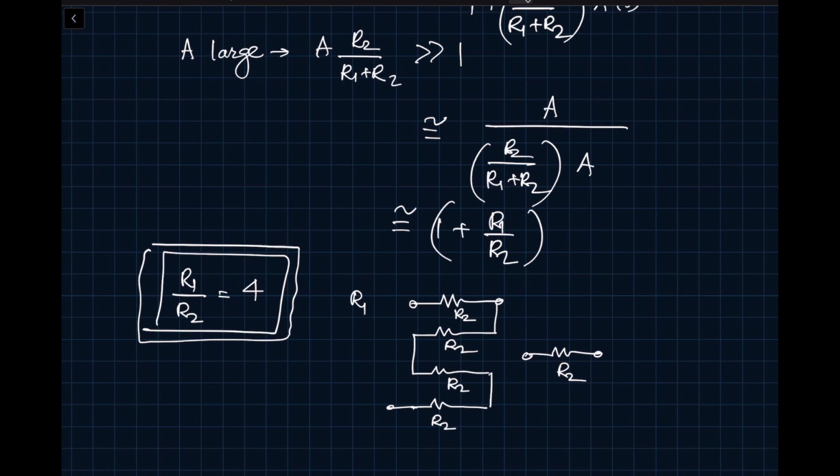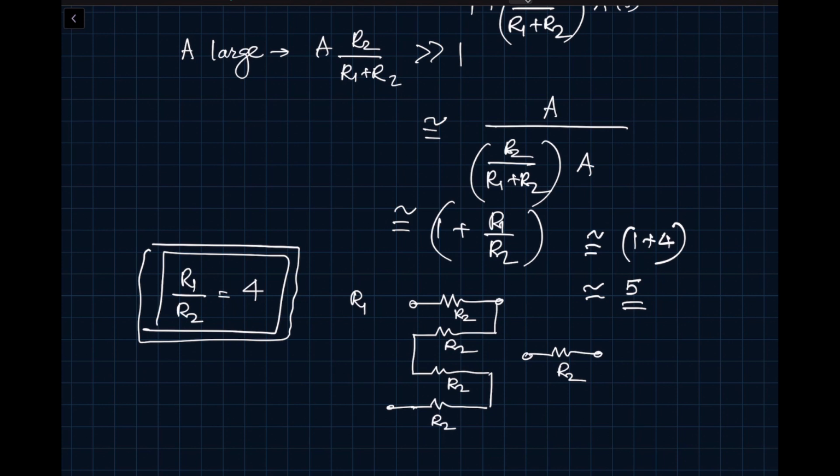And in this case, we will get a gain of 1 plus 4, which is equal to 5. This will be very accurate, just because these resistors are made using unit cells and they are next to each other and they match very well with each other. So we get accurate gain, this factor of 5, which is only dependent on how well the resistors match with each other. It will become independent of gm, Rout, purely because the gain A is very large.